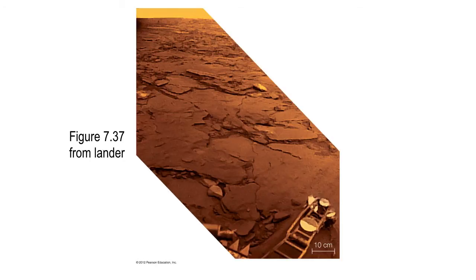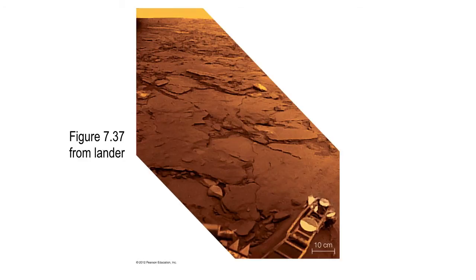All right. Here's a picture from the surface of Venus. Here's this poor little Venera lander down here, trying to get through the day. It didn't make it very long, but they did get this picture. This is a figure from your textbook, 7.37. There are problems up there on Venus.